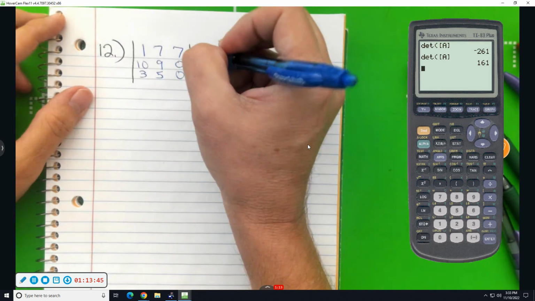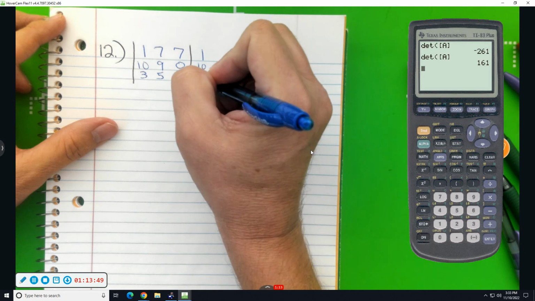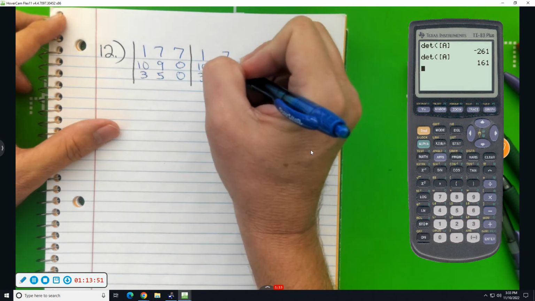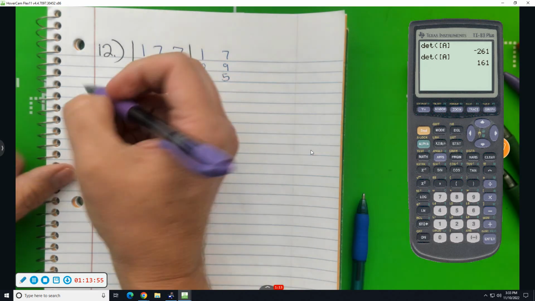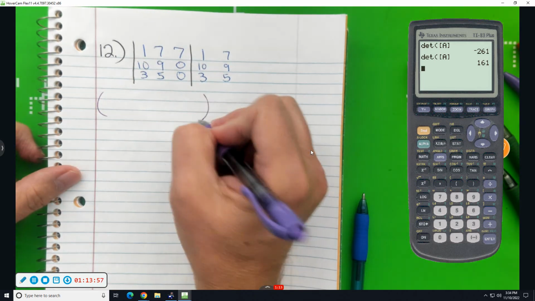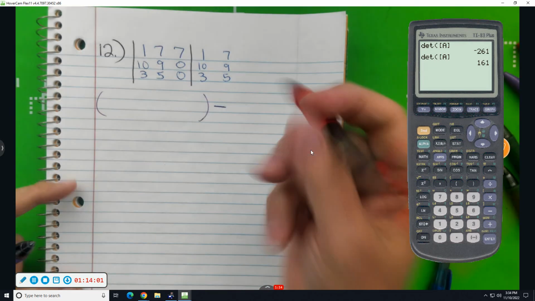Okay, so we've recopied the first two columns, 1, 10, 3, and 7, 9, 5. We're going to have parentheses, minus, parentheses.